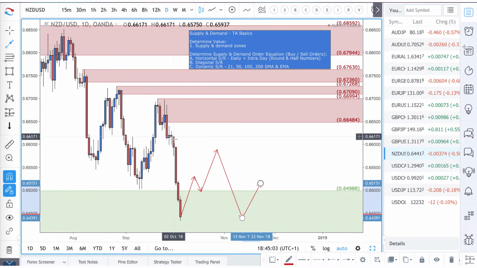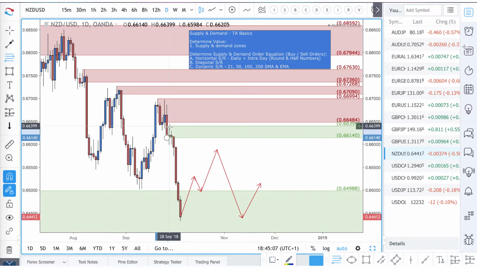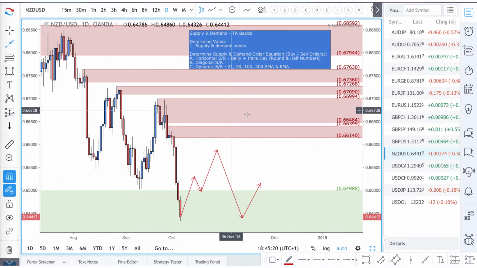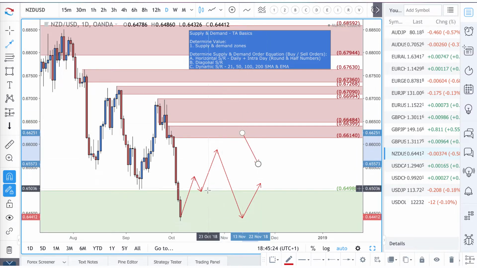If you're looking at buying the US dollar, then the nearest opportunity to do that would be around here. So you'd have to wait for prices to come all the way up here before looking to get short, or what you'd be looking for is something like this: higher highs, higher lows, and then prices to pull back.